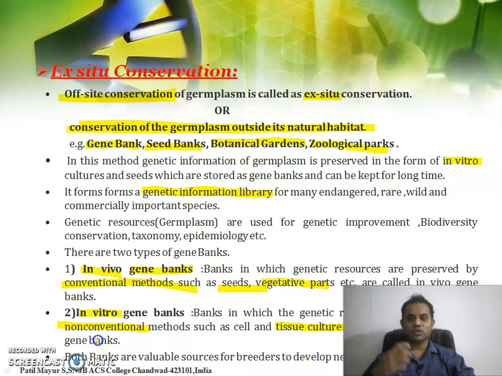Okay, so did you understand the ex situ conservation method? It is the conservation of a germplasm outside their natural habitat, or it can also be defined as off-site conservation of germplasm.